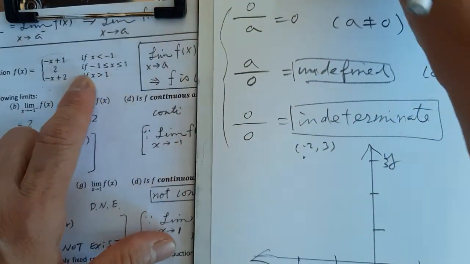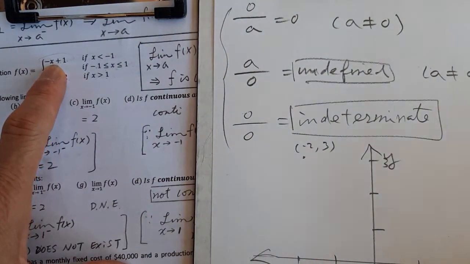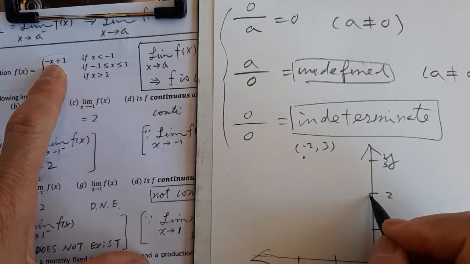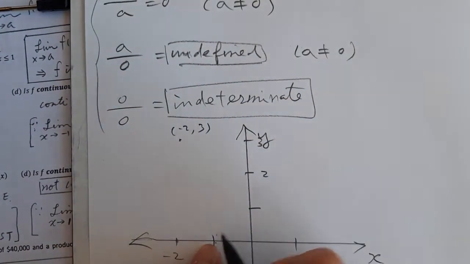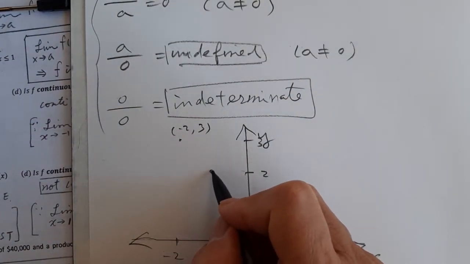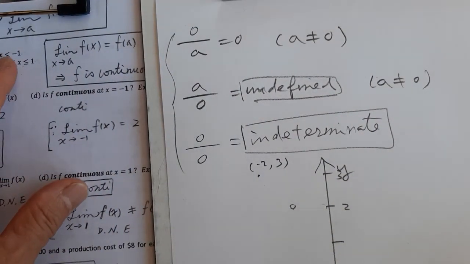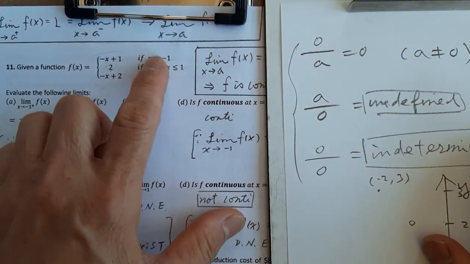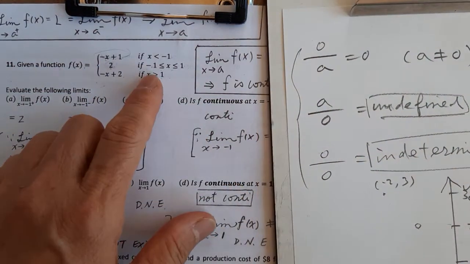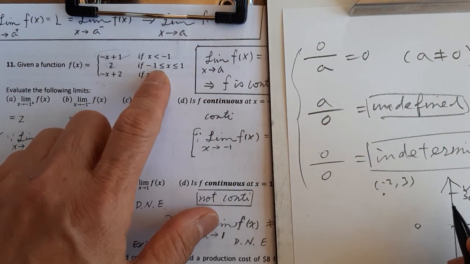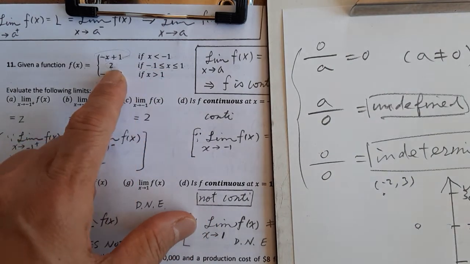Now, -1, you temporarily put in here will be 2. So when x equals -1 it's 2. But since x equal to -1 is not defined on here, it is defined on here, it's 2.